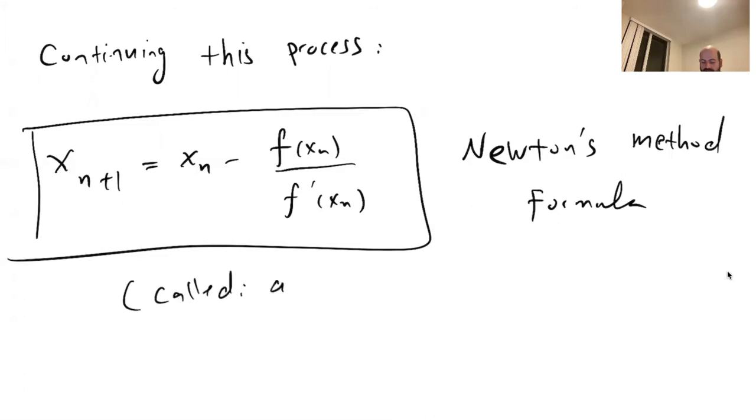A recursive relation means a relation where you find one term in terms of previous ones. We find xn plus 1 in terms of xn. So if we find x2 in terms of x1, once we have x2, we can find x3 in terms of x2. Once we have x3, we can find x4 in terms of x3, and so on.